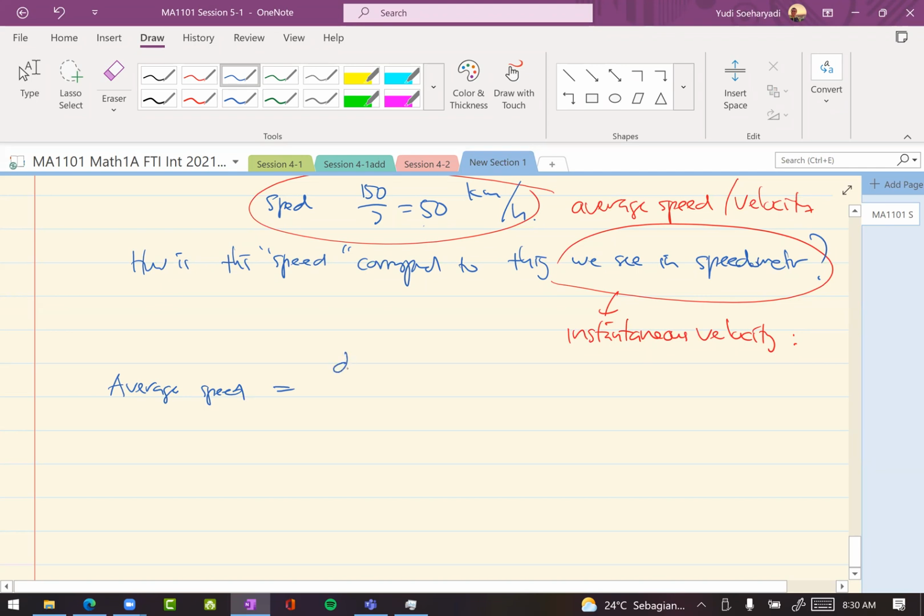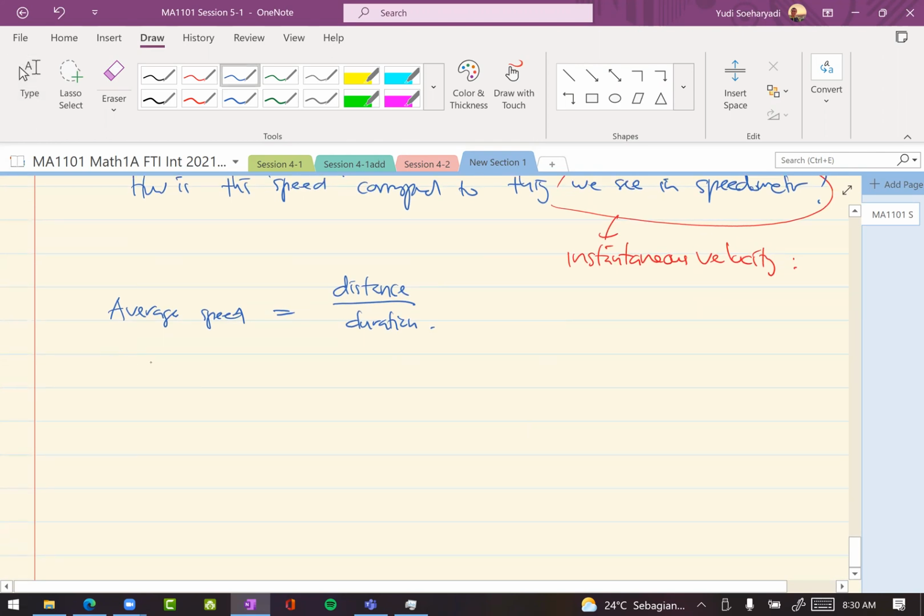That's distance over the duration, the travel time. Okay, distance 150, duration 3 hours, then you have 150 over 3. Okay, all right. The thing with instantaneous is rather strange here.